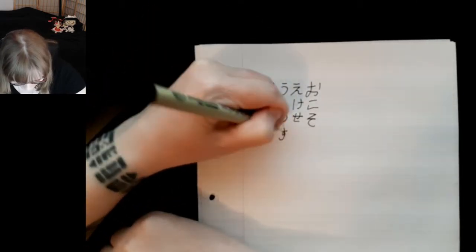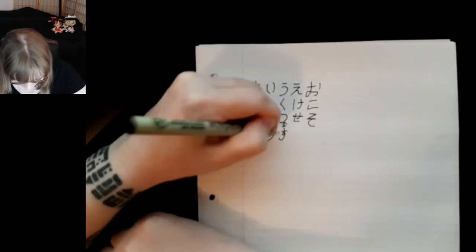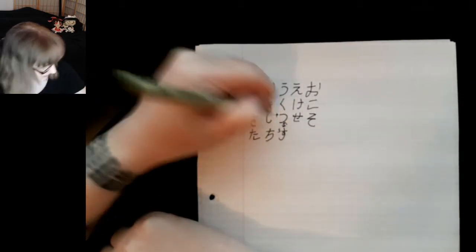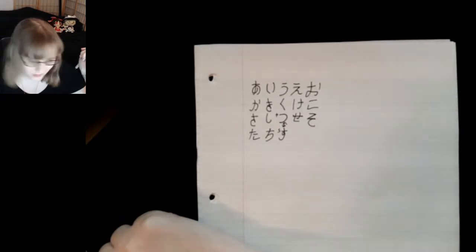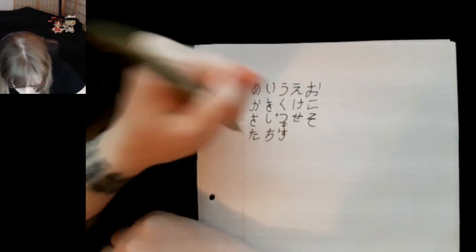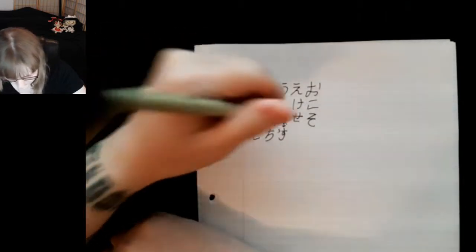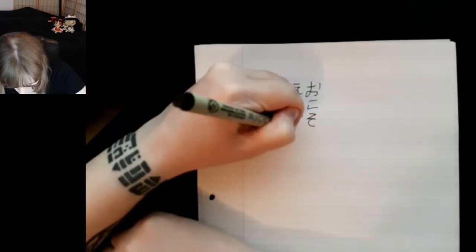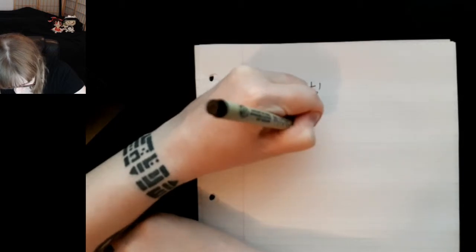So, Su and Tsu should be swapped. This is the S character, and this is the T character. And that's what happens when you have streaming jitters. Ta, chi, tsu, te, and to.